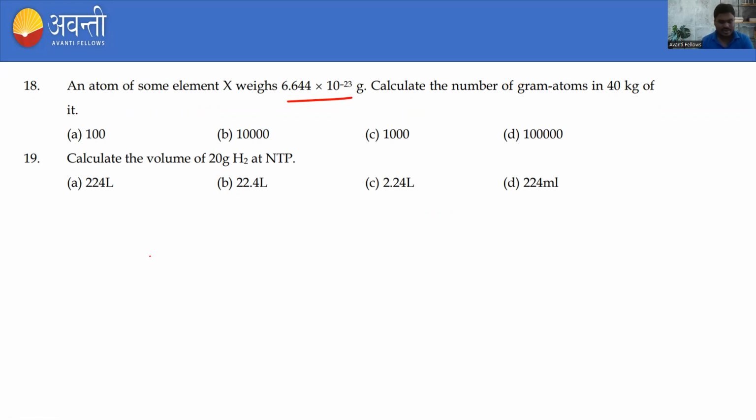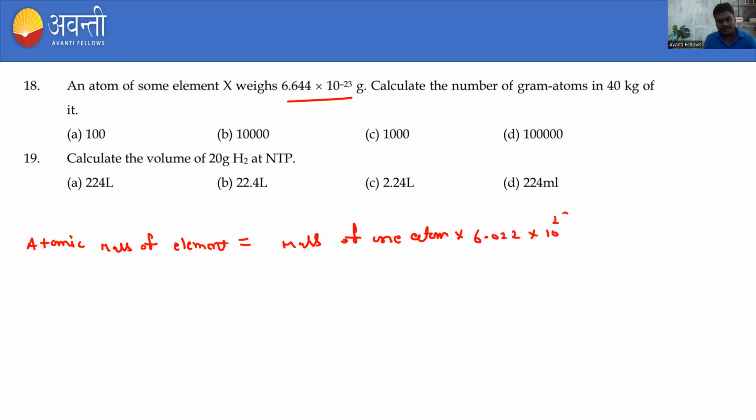We know that the atomic mass of an element is nothing but the mass of one atom times 6.022 × 10^23. So this is 6.644 × 10^-23 multiplied by 6.023 × 10^23. This comes out to be 40 gram.